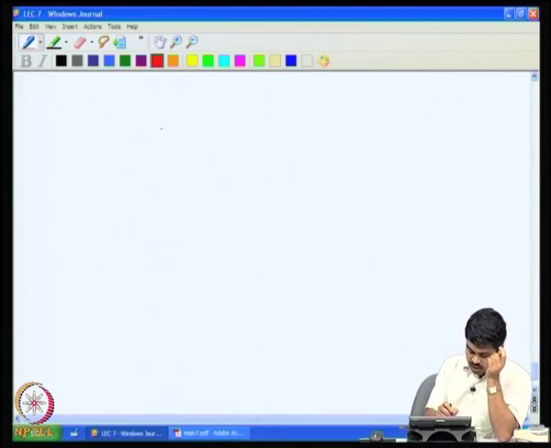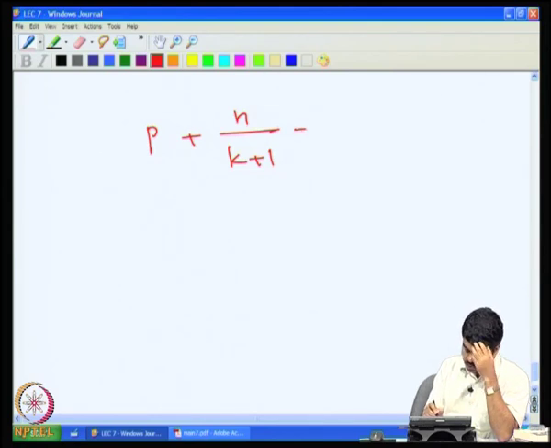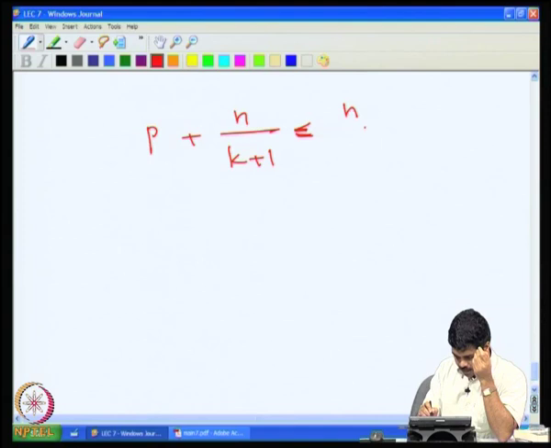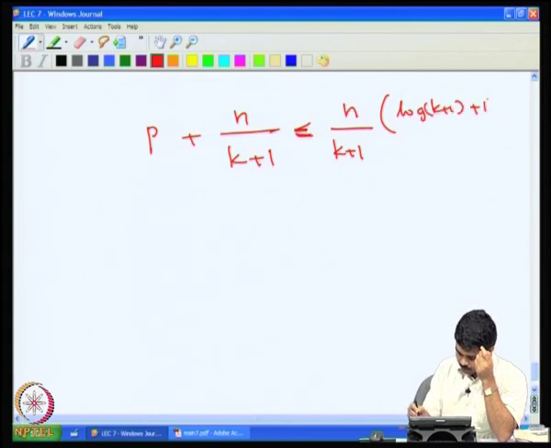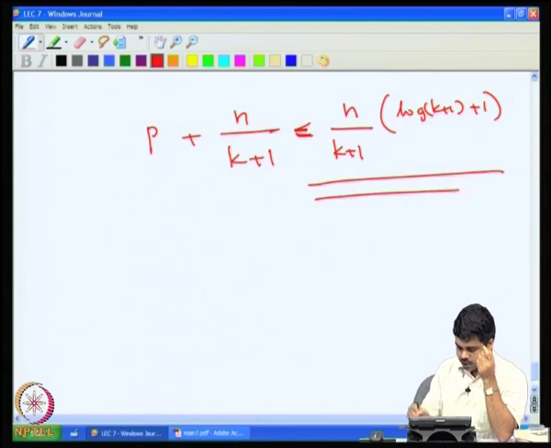That means the final size of the dominating set is less than or equal to n by (k plus 1) into (log of (k plus 1) plus 1). So this is what we get, a dominating set like this.